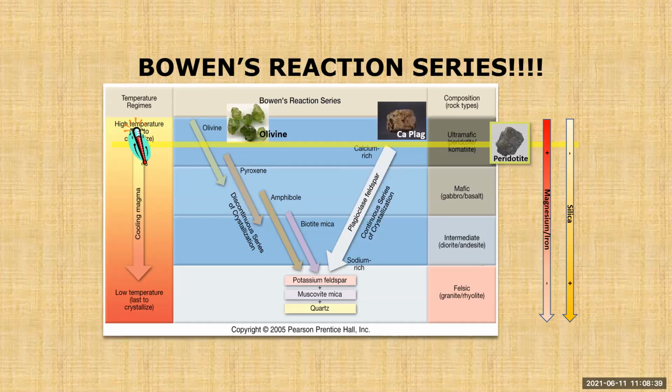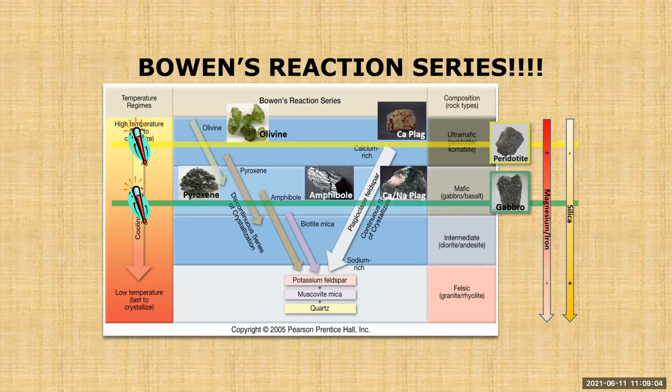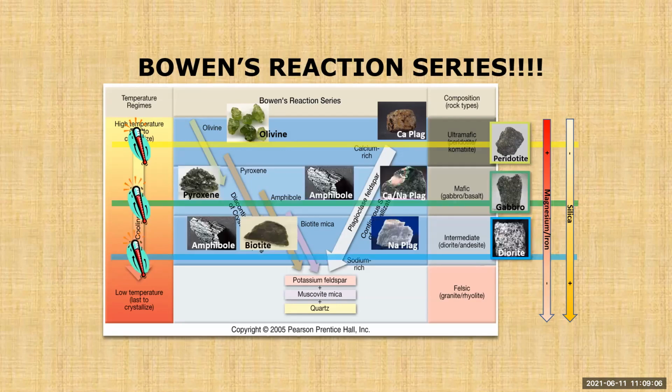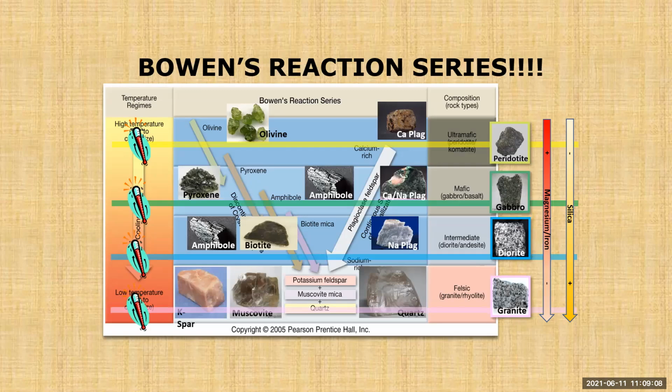So again, as you can see, the rock type captures a specific temperature at which these molten materials cool and solidify. And so these minerals crystallizing in a predictable sequence allows us to say something about the rocks in which they form.